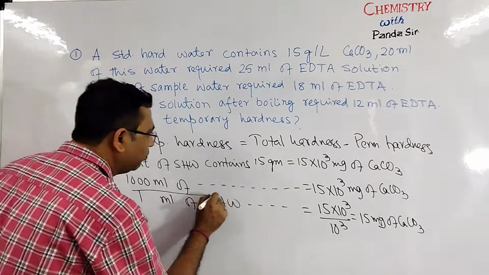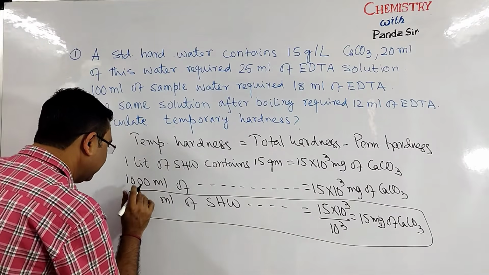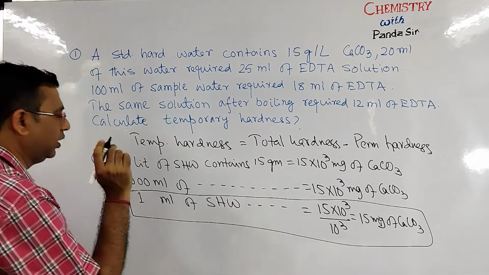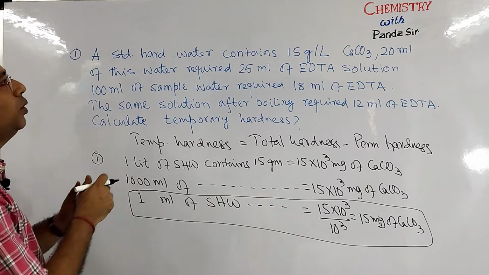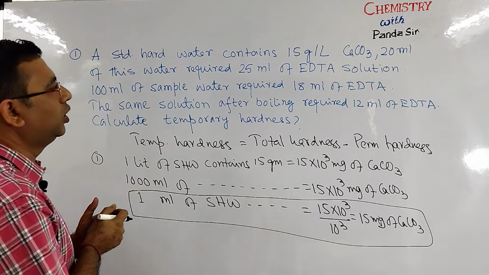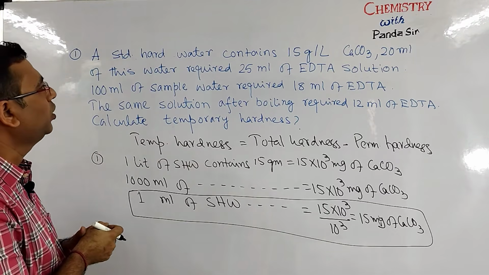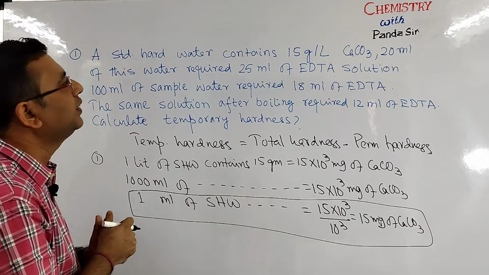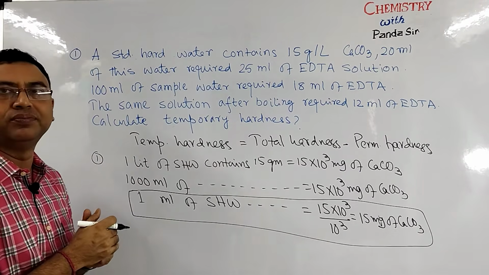I am just making it a block so that all my students can understand this is the first step that we are done. So 1 ml of standard hard water, we are done. Now we have to go for the next one, and that is the EDTA. Okay, EDTA, how we are going to do it.